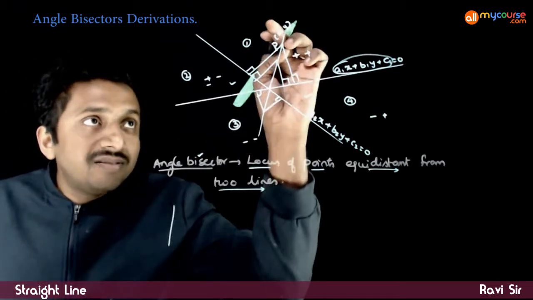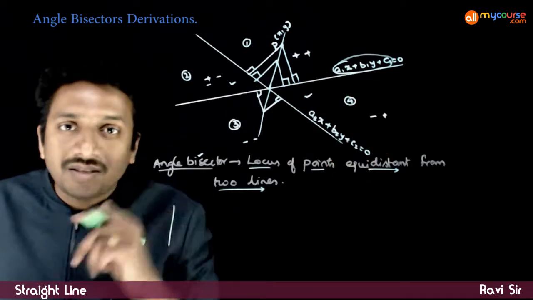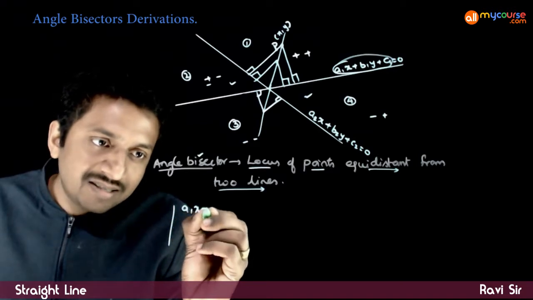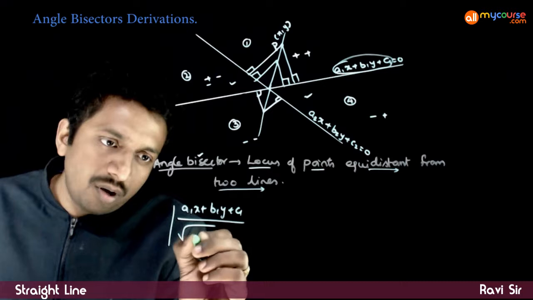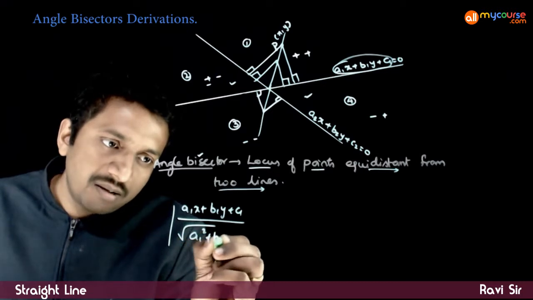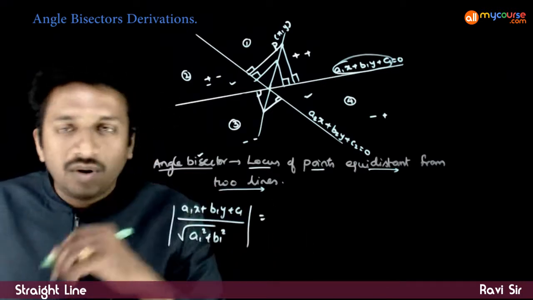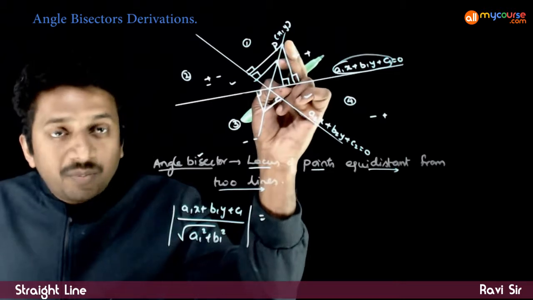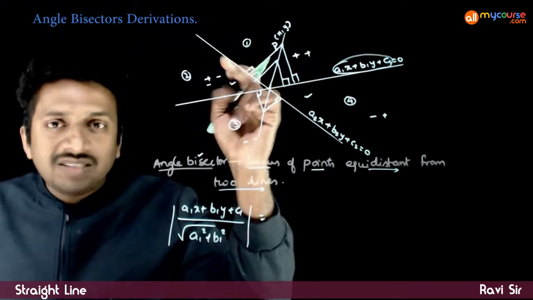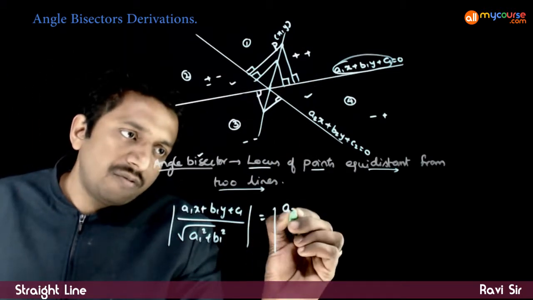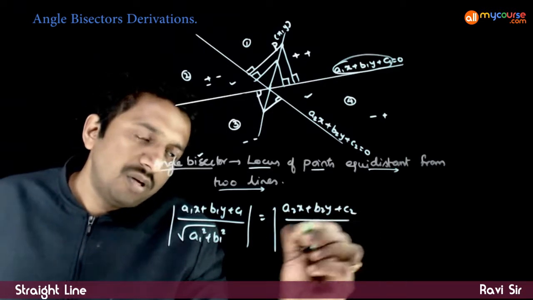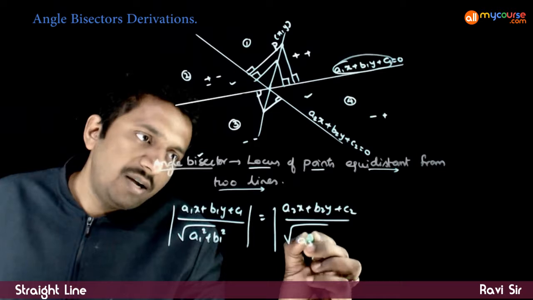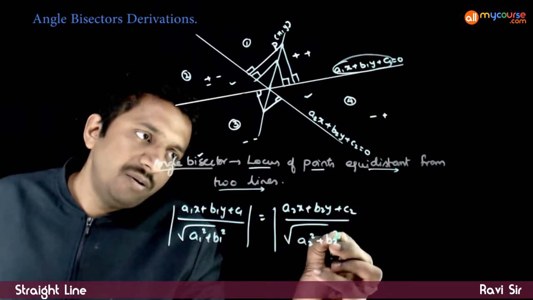Modulus of, we just need to substitute this point in this line, a1x plus b1y plus c1, by root of a1 square plus b1 square, is equal to the perpendicular distance of this point (x, y) from the second line, which is mod of a2x plus b2y plus c2 by root of a2 square plus b2 square.